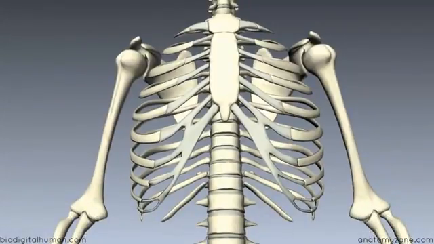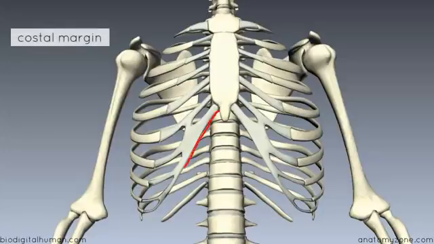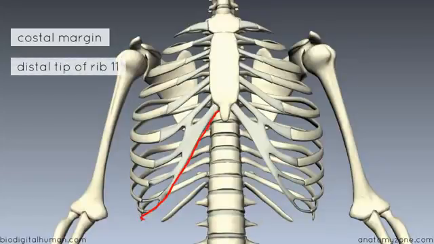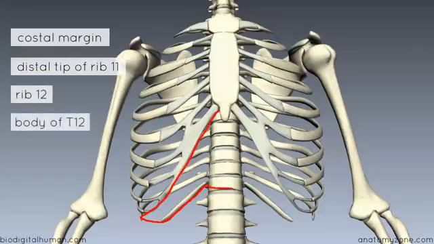So the inferior thoracic aperture at the bottom of the thorax is formed by the costal margin anteriorly, and then laterally you've got the distal tip of the 11th rib, and then you've got the 12th rib, and posteriorly you've got the body of T12. This forms the outlet for the thorax, and it's actually closed off by the diaphragm.